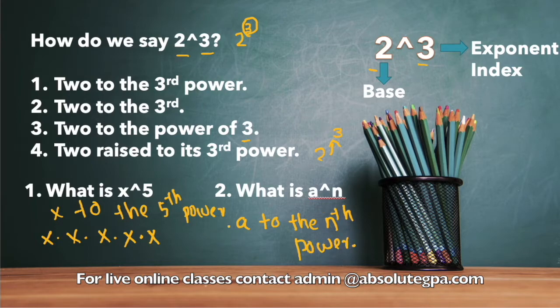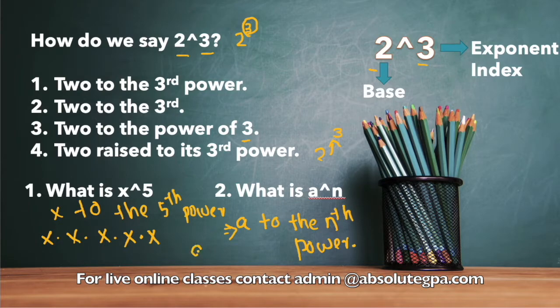Or we can say, like the second one, a to the nth, or a to the power of n, or a raised to its nth power. And how do we write this?